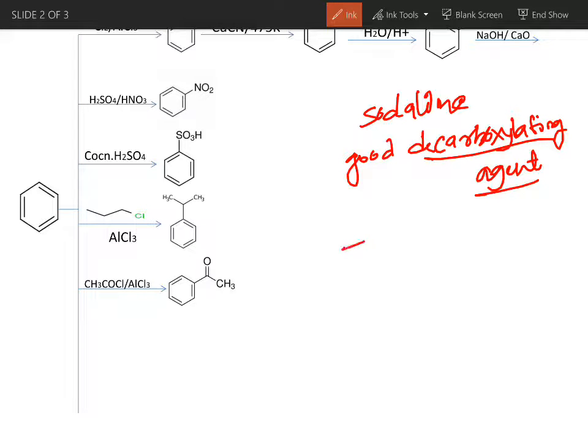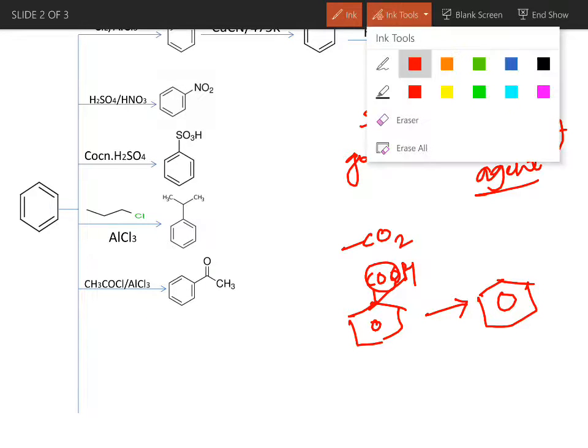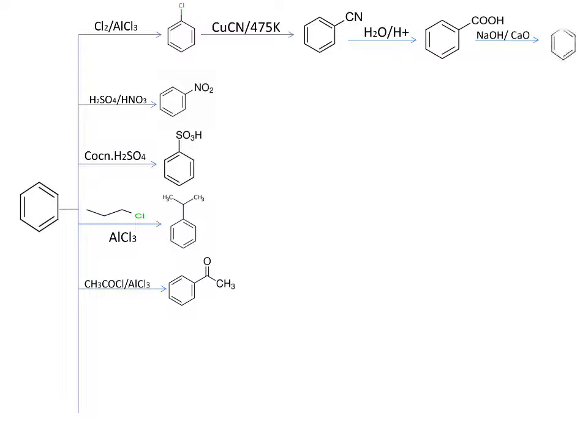Decarboxylating agent means it removes CO2 from the compound. So when benzoic acid is reacted with soda lime, it will remove CO2, leaving behind pure benzene. So when benzoic acid reacts with soda lime, the compound formed here is benzene.